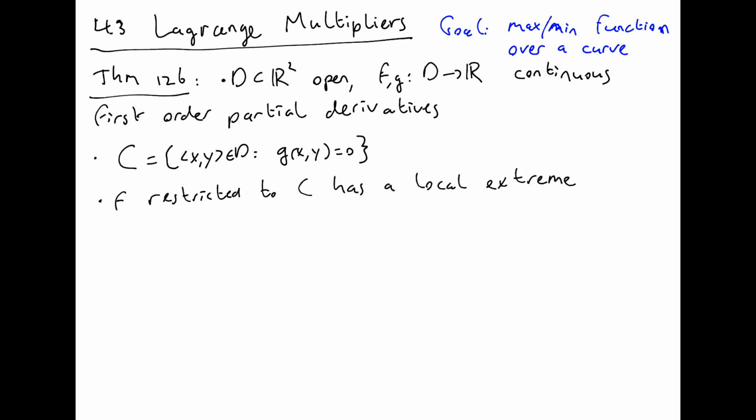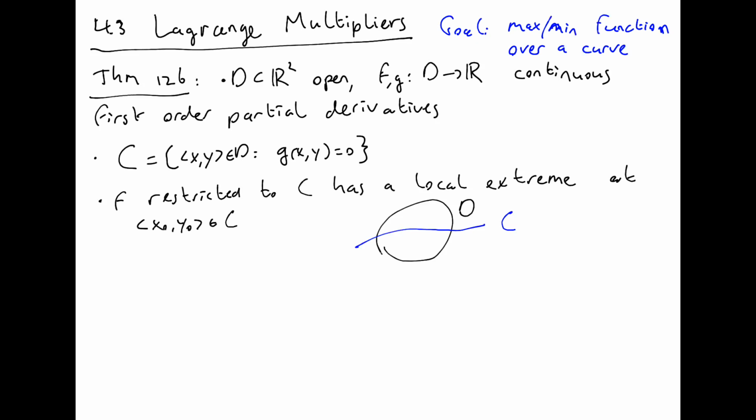And now we want to find some conditions in order to find these kind of points. And this local extreme is at the point x0, y0, which is obviously on the curve itself. So maybe a small picture. So I have my area D, then I have my curve C, let's do that in blue.